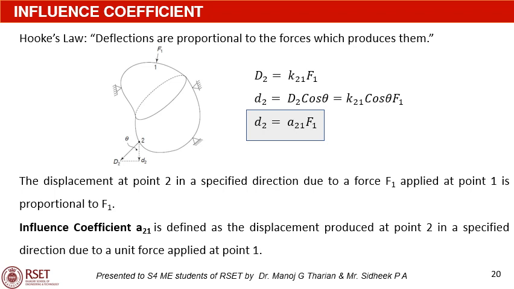So K21 into cos theta will be a constant, and the above equation becomes small d2 equal to capital D2 into cos theta equal to K21 into cos theta into F1. That is, small d2 equal to A21 into F1, where A21 is a constant and is called the influence coefficient for vertical deflection at point 2 due to a force F1.